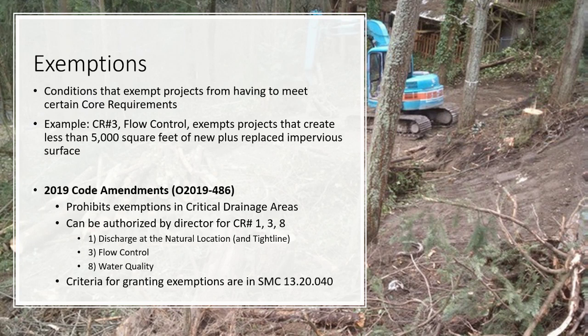The code gives the Public Works Director authority to approve exemption requests only in specific circumstances, when large trees would have to be removed or slopes would be destabilized in order to build a stormwater facility. In this way, the 2019 code amendments protect our land and surface water from extra stormwater and set transparent criteria for granting exemptions on a case-by-case basis.